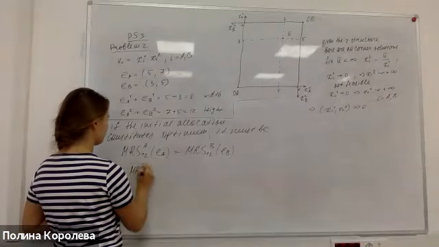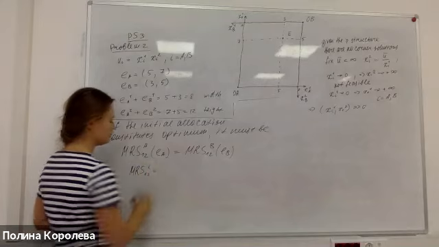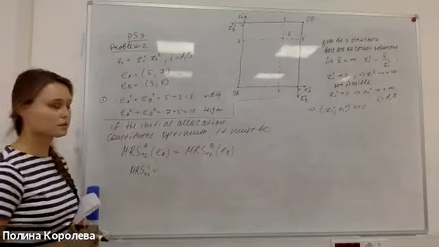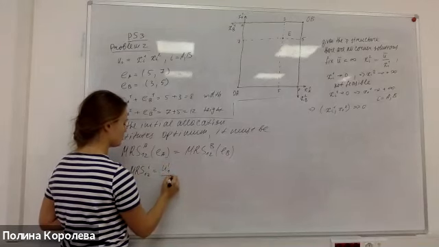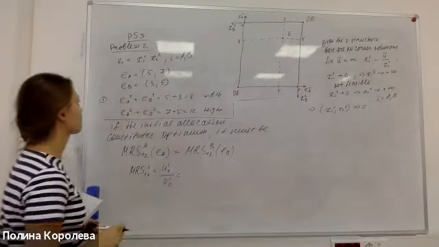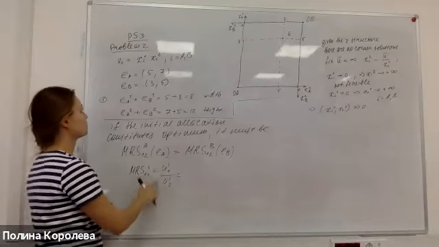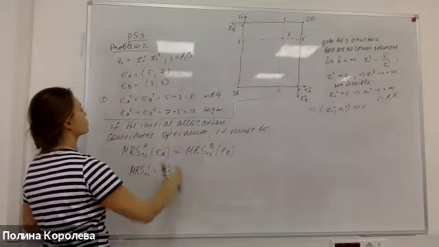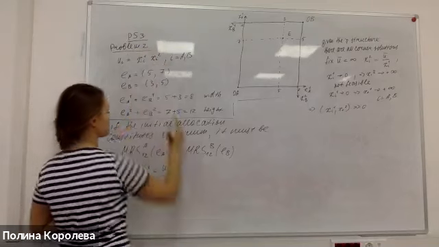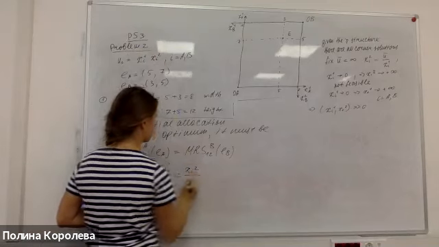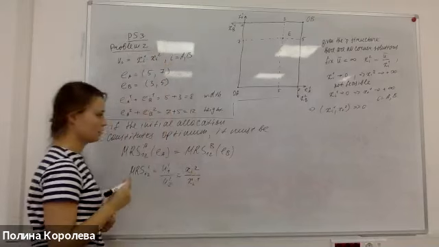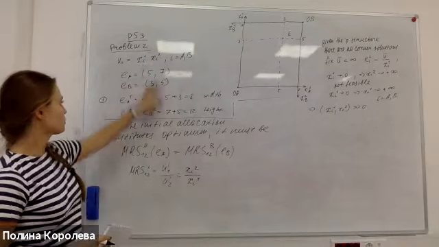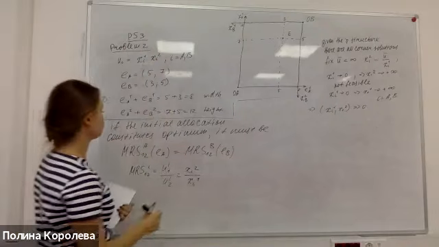The marginal rate of substitution for individual i, because they have the same preferences, is what? The partial derivative with respect to the first good divided by the partial derivative with respect to the second good. And this is what? The partial derivative for the first good is x_i2, divided by x_i1. Let's put in the endowment point and check.